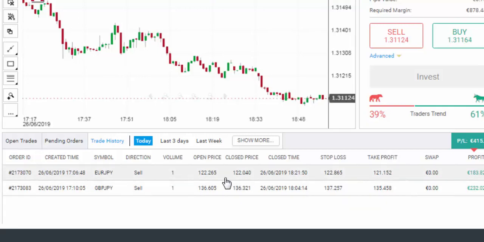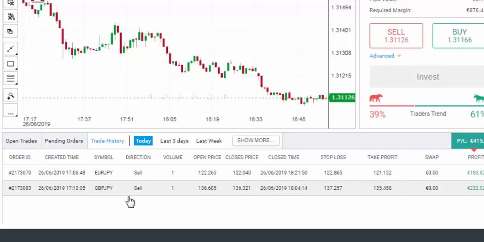As you can see, an open price of 122.265, and the take profit was set by the app at 121.152, and the closed price was 122.040.